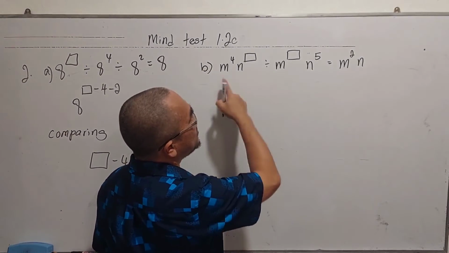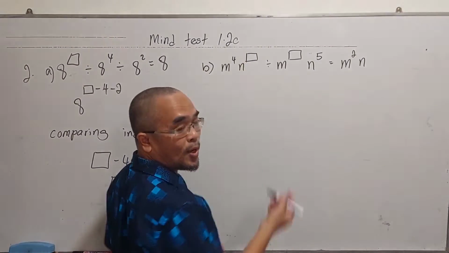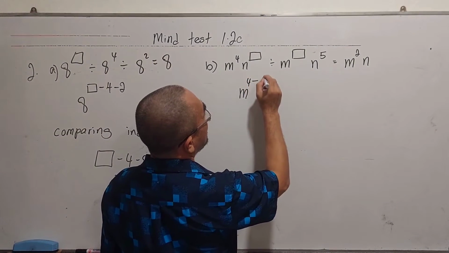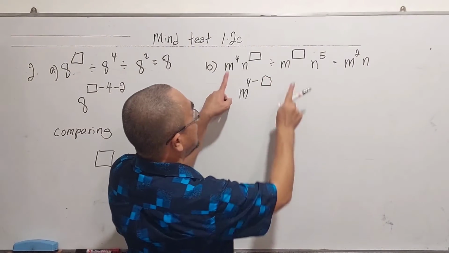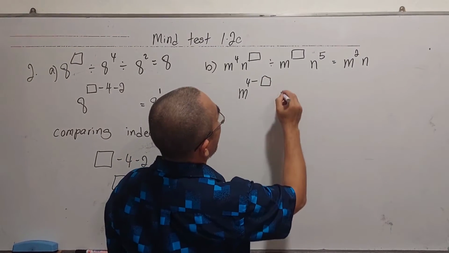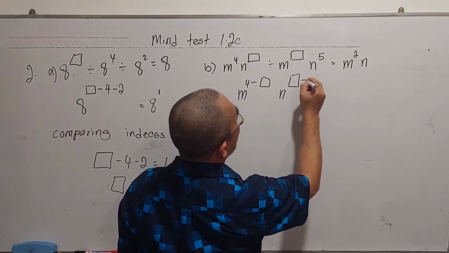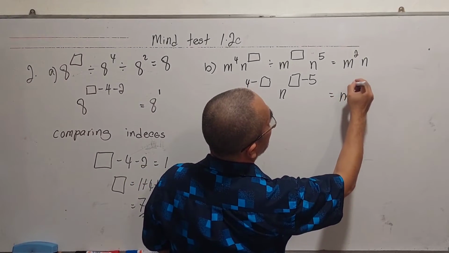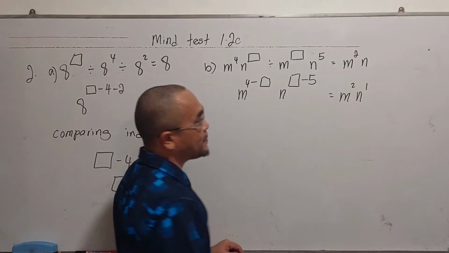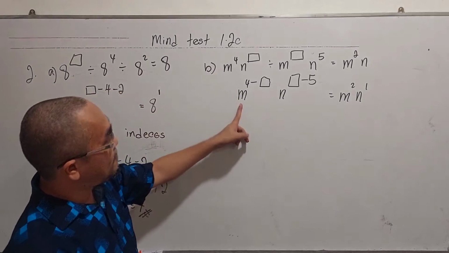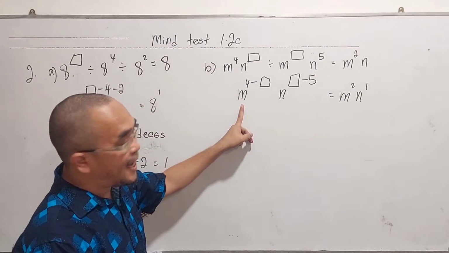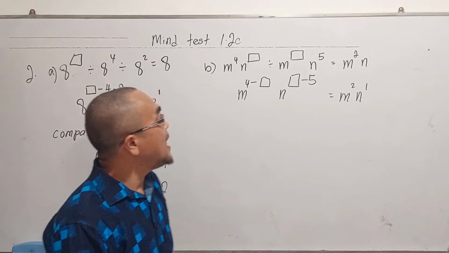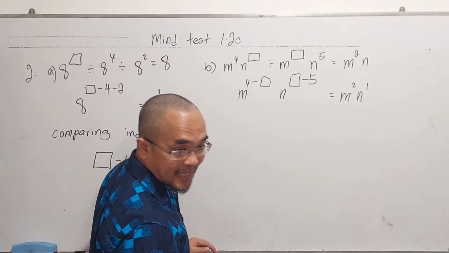If you want to simplify, divide means what you have to do with the index? Minus. Box, n minus 5 equals m power 2, n power 1. Now we have 1 m on the left, 1 m on the right, n on the left and n on the right. Then we compare the indices.